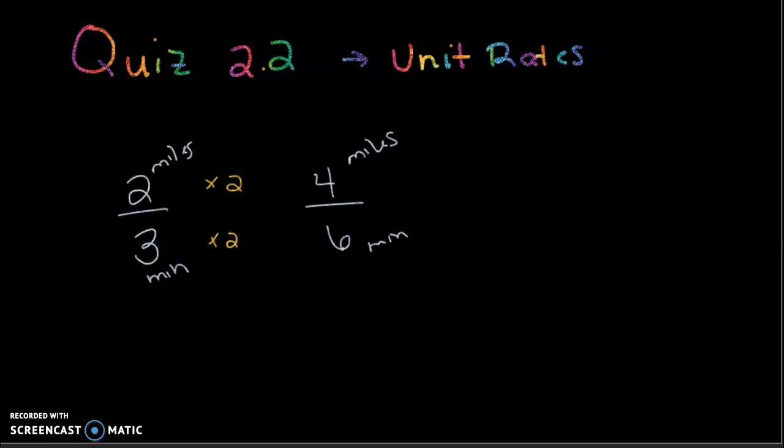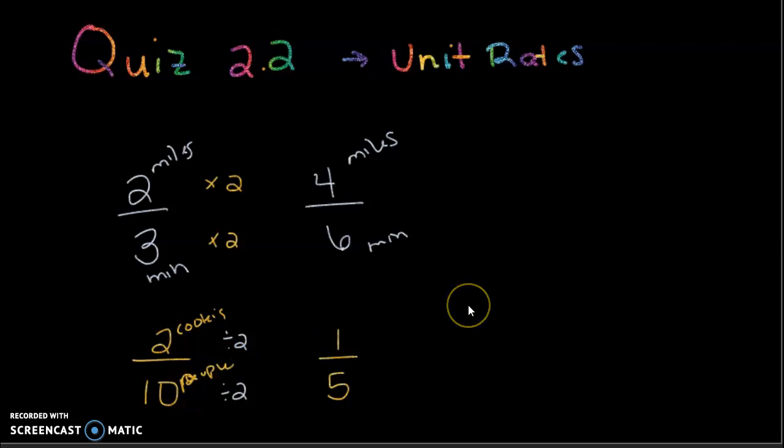If I were to take 2/10 and divide the top by 2, I would have to divide the bottom by 2, and again, it would give me 1/5. They're the same rates. So this could be, I don't know, two cookies for 10 people. Something like that. So unit rates would be the same.